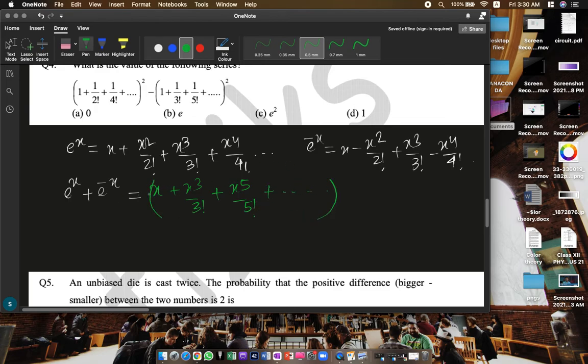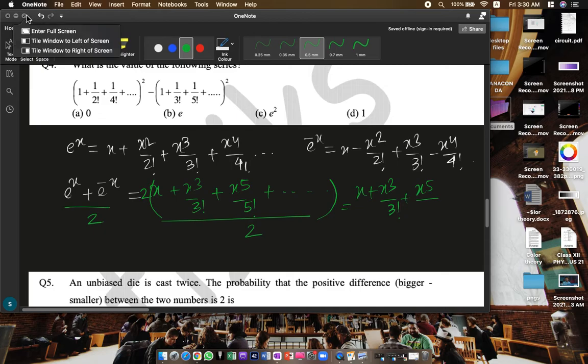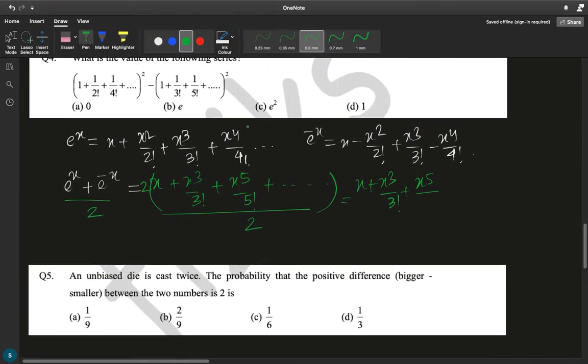So I should write 2 here, and if I divide by 2 on both sides, then this will be 1 plus x square by 2 factorial plus x to the power 4 by 4 factorial, and so on. I'm sorry, we are doing a lot of screen recording using the small screen.